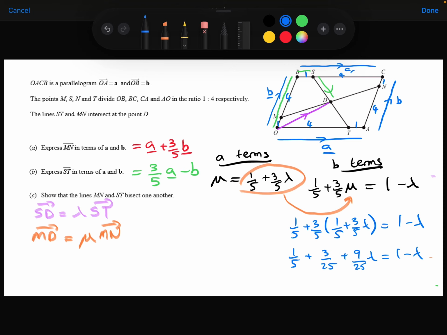These fractions are looking a little bit awkward, so let's multiply everything through by 25. The 25 times 1/5 is 5. That's now just a 3. That's now just a 9 lambda. The 1 times 25, the 25 times lambda. The 5 plus the 3 is 8.